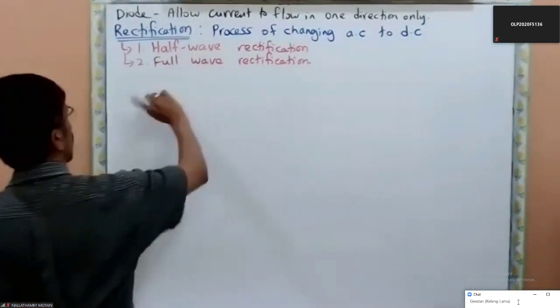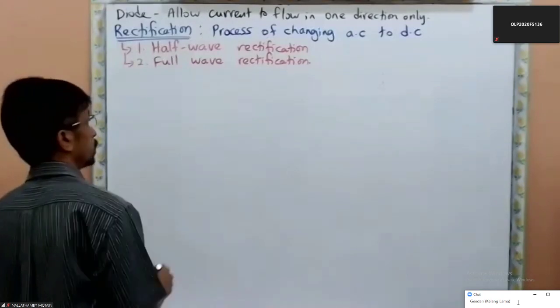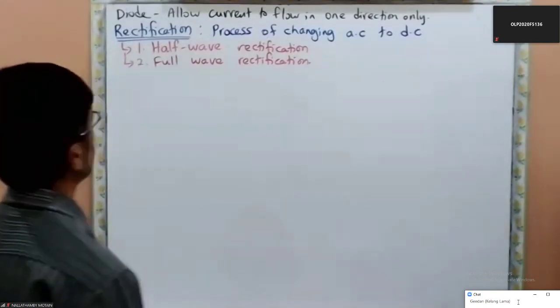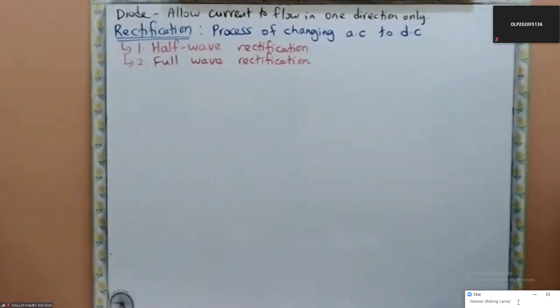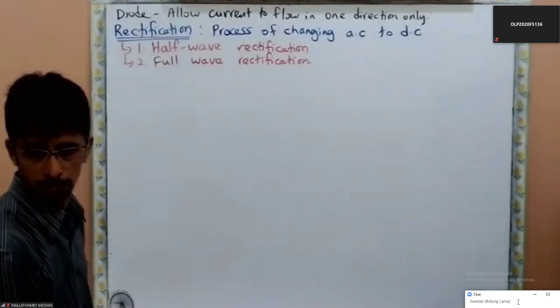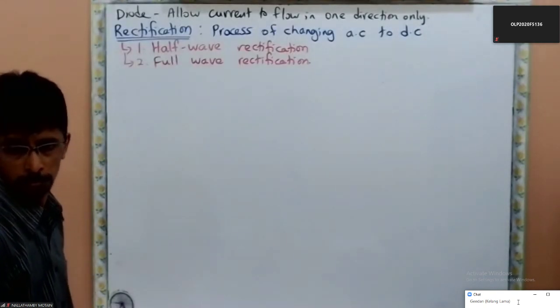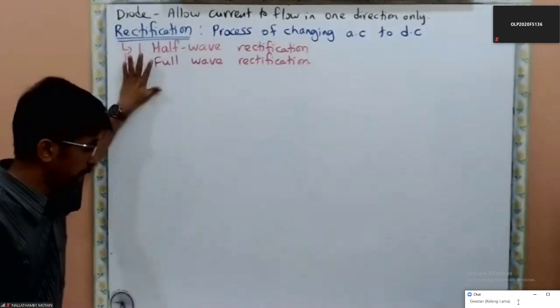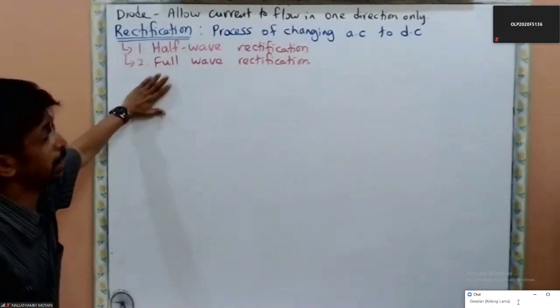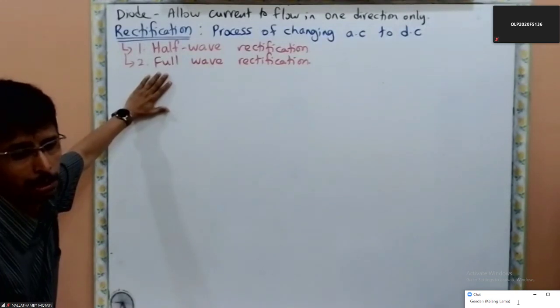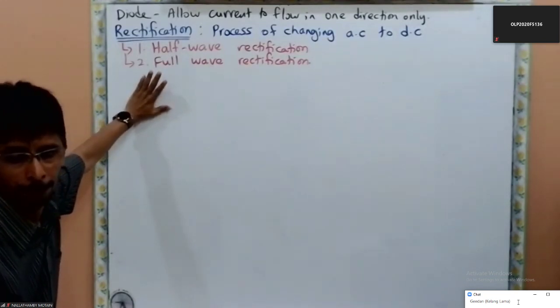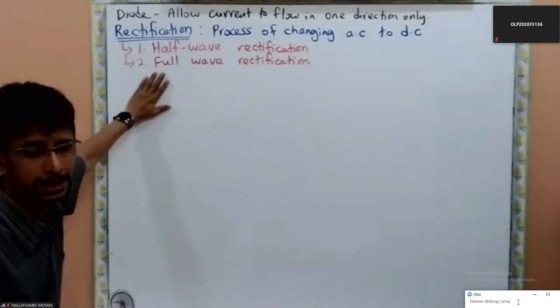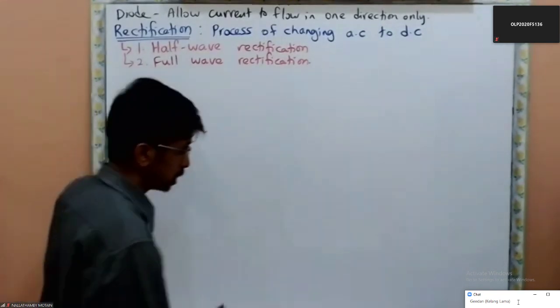Full wave, no need. Half wave rectification, full wave rectification. So that is why we can also call the diode a rectifier, because it is going to change AC to DC.